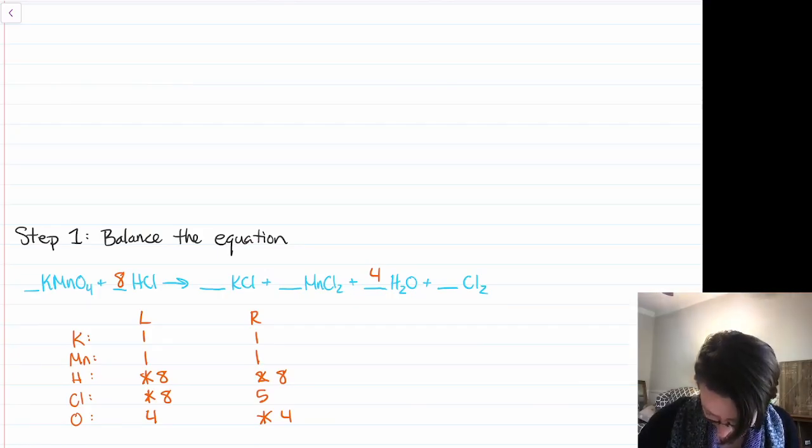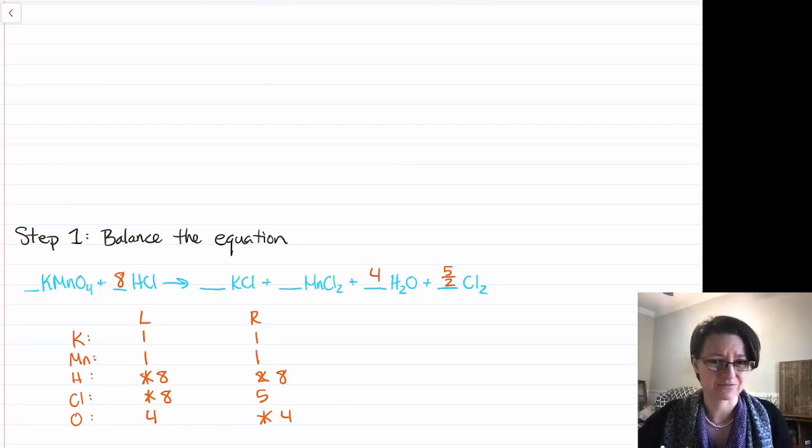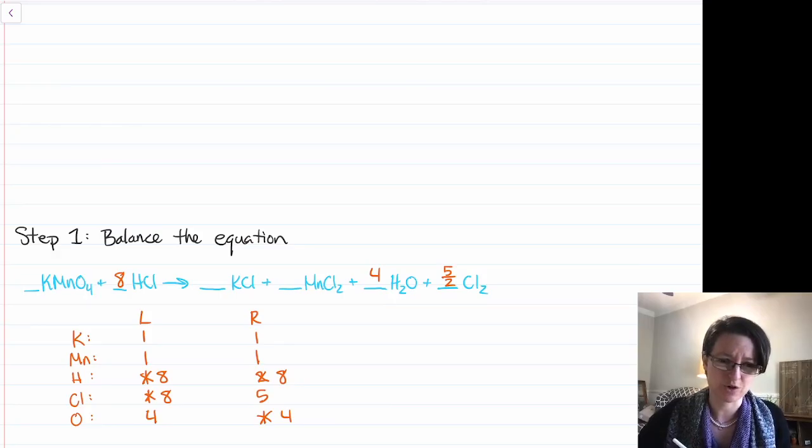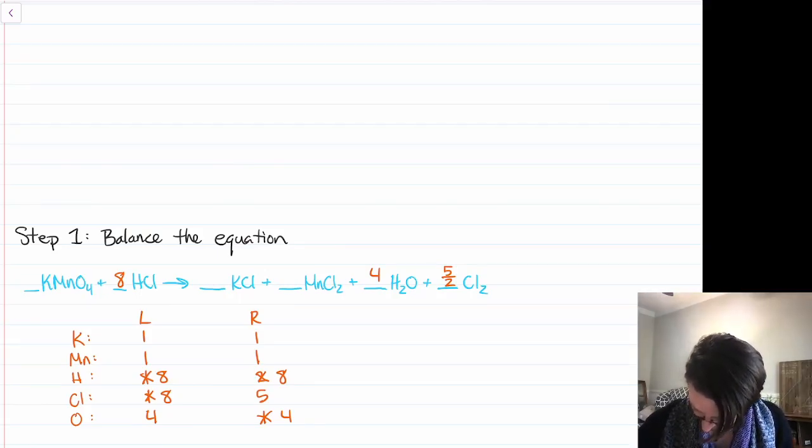The only way that I can do that is if I temporarily put in this fractional coefficient of 5/2 in front of the chlorine. That's not allowed to be my final answer. Balanced equations should always be in terms of lowest whole number coefficients, but it can let me see that the only thing I need to do is count.